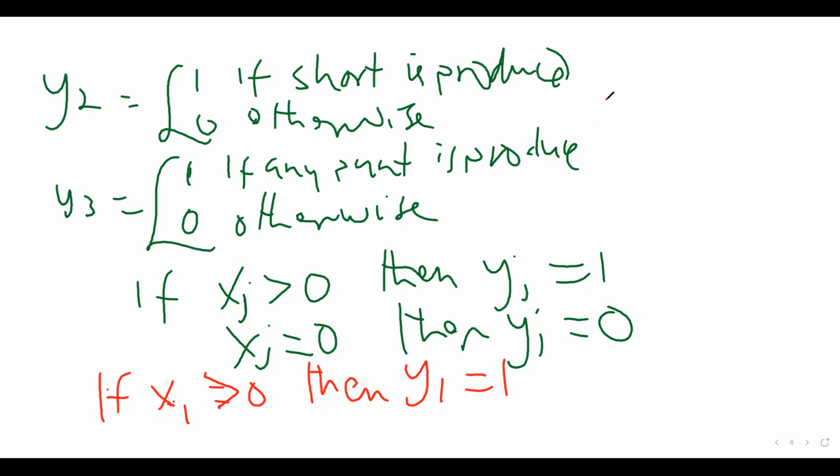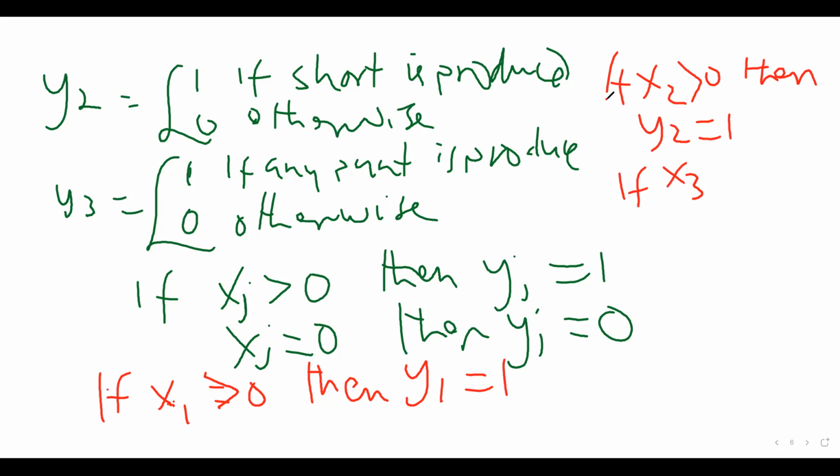Now, the same way, if x2, which is the short pants, if I'm going to produce it, that's how you write it. Then I can say that I will incur its machinery cost, and the machinery cost is y2. So y2 must be 1. And the same way, if x3, this time I'm going to trick it. If x3 is 0, I'm not going to produce pants.